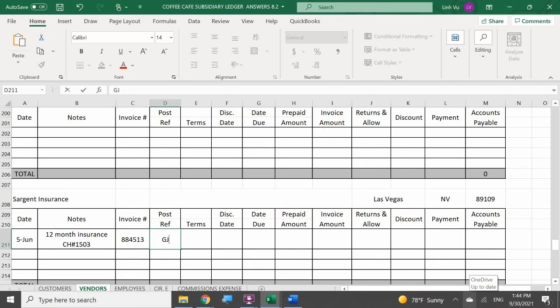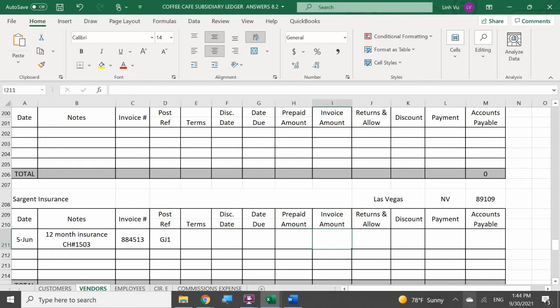Post reference once again. This is General Journal number 1. Did they give you terms in regards to insurance policies? No. So again, we can skip discount date and due date. Did we make a prepaid payment before we got the policy?